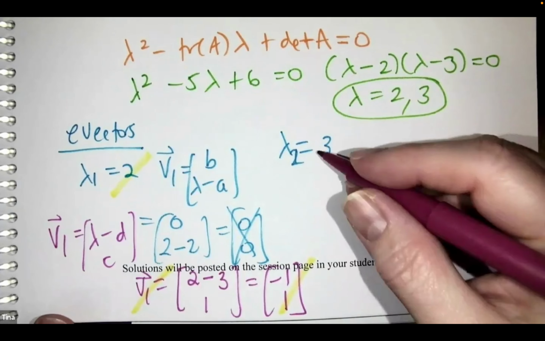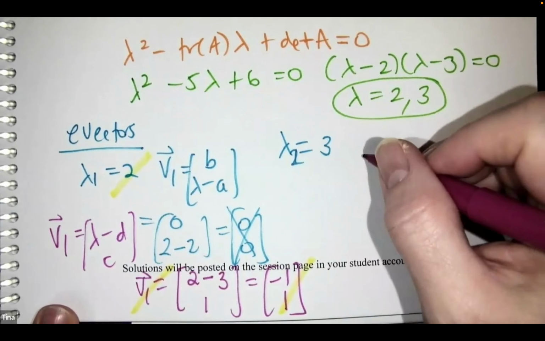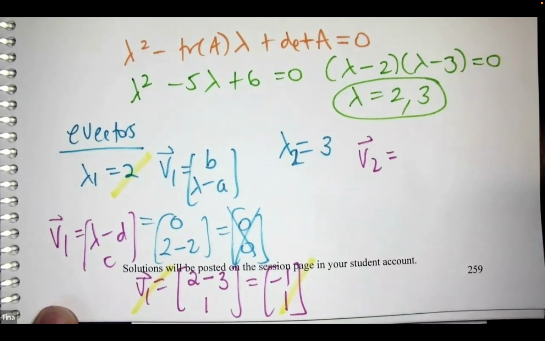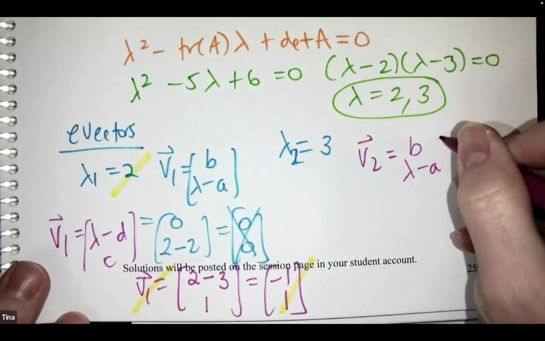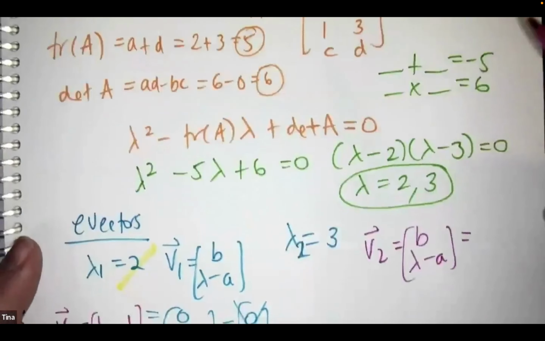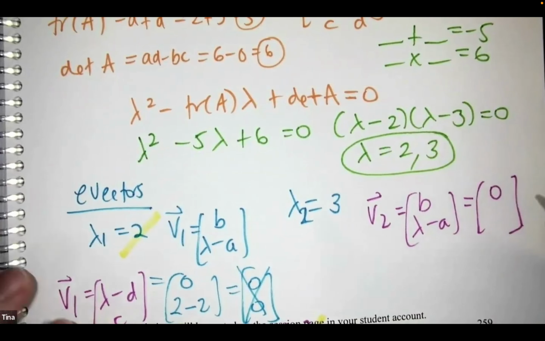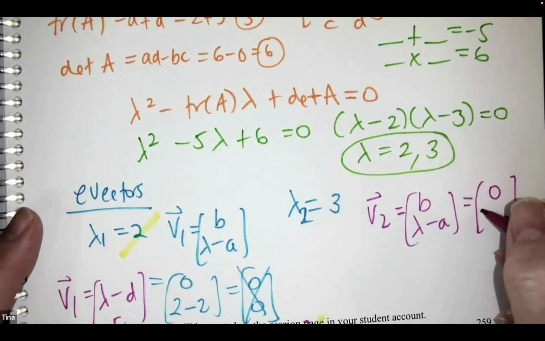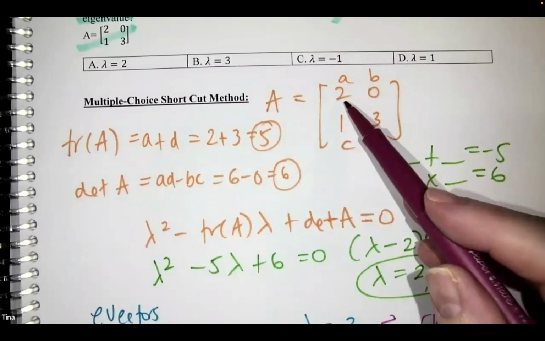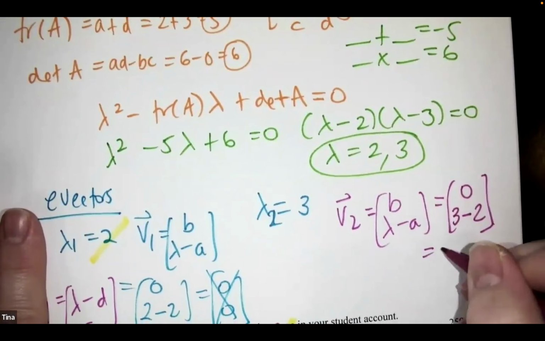Okay, what about my eigenvector that goes with lambda 2, which is 3? Well, b over lambda minus a. B is 0, all over lambda, which is 3, minus a, which is 2.